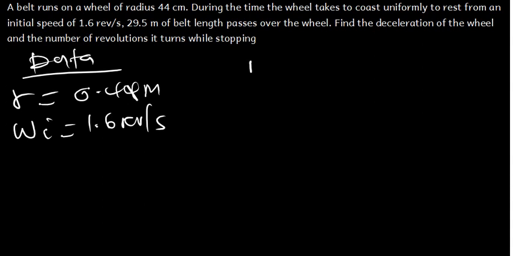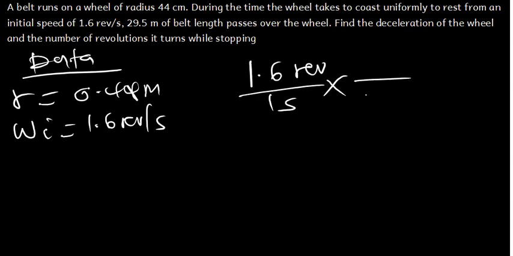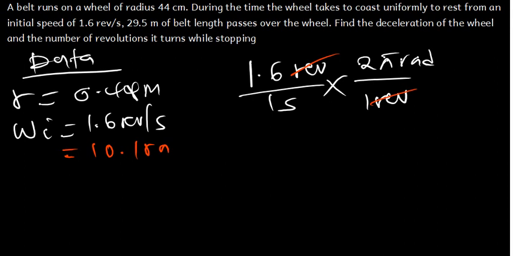Using dimensional analysis, I can say 1.6 revolutions in 1 second. In one revolution, how many rad do I have? It is 2π rad. So from here, I'm going to cancel the revolution. So it's 1.6 times 2π. This is going to give me my initial omega to be 10.05 rad per second.